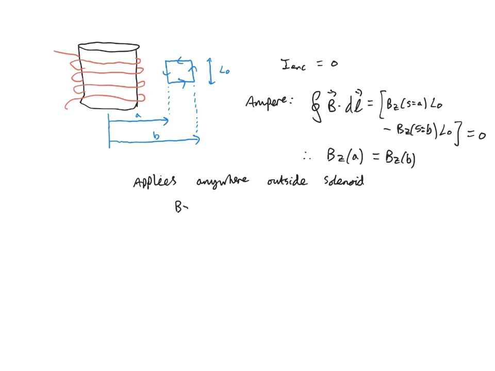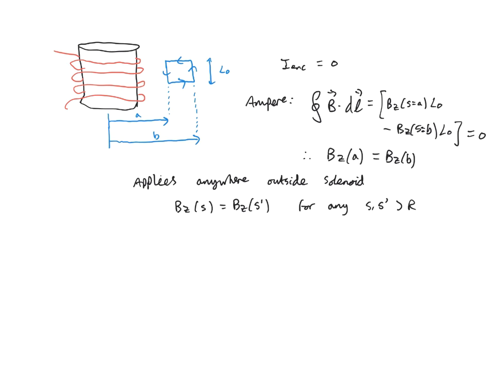So what we have is the general result that Bz(s) is equal to Bz(s prime) for any s and s prime greater than the radius of our solenoid. There's one other thing we know, which is that because we have a localized current density, the magnetic field must go to 0 when we're infinitely far away. If we're infinitely far away, the fact that we have a current density somewhere else is unimportant.